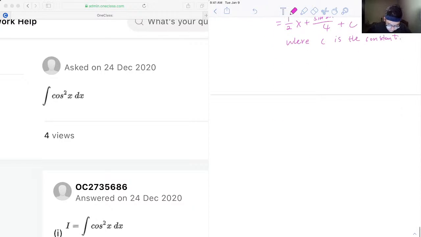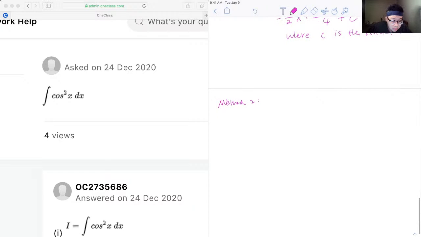And now let's do method 2. So still we have I is equal to the integral of cosine x squared dx, and we now solve by integration by parts.